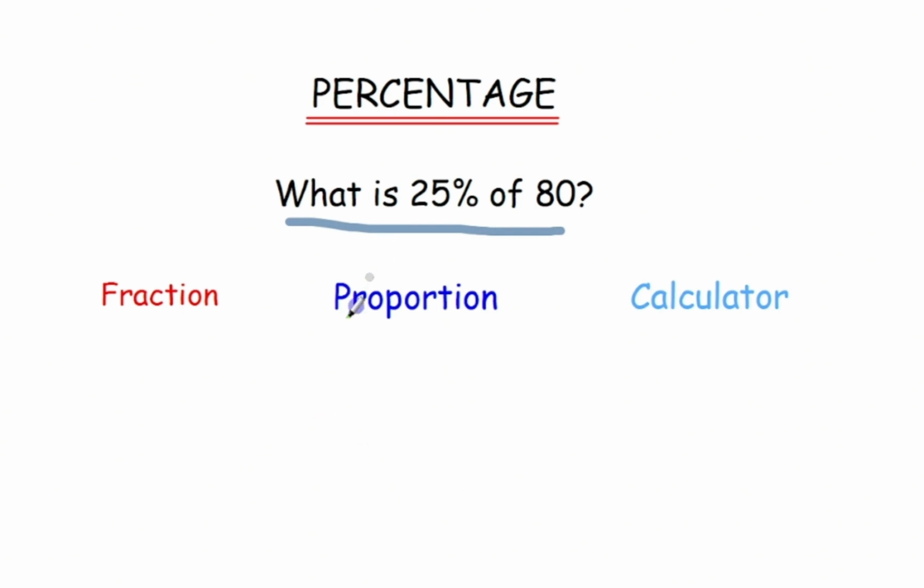We are going to learn how to calculate 25% of 80 by using fractions, using proportions, and finally by using the scientific calculators. Once we have completed the fraction section and the proportion section, we will arrive at a very important conclusion that will be of great use to you. With all of that said, now we can finally begin this video.